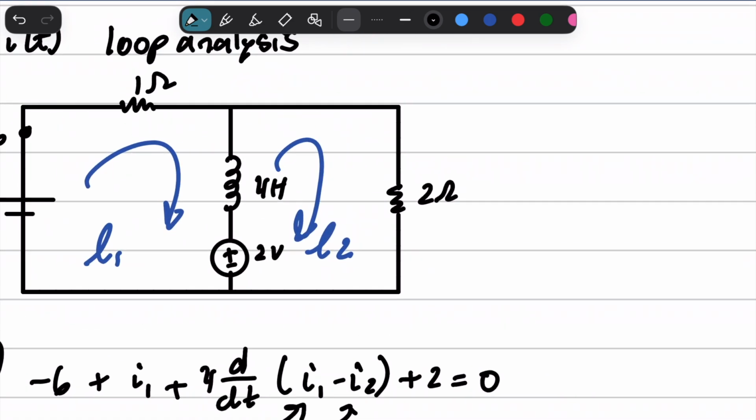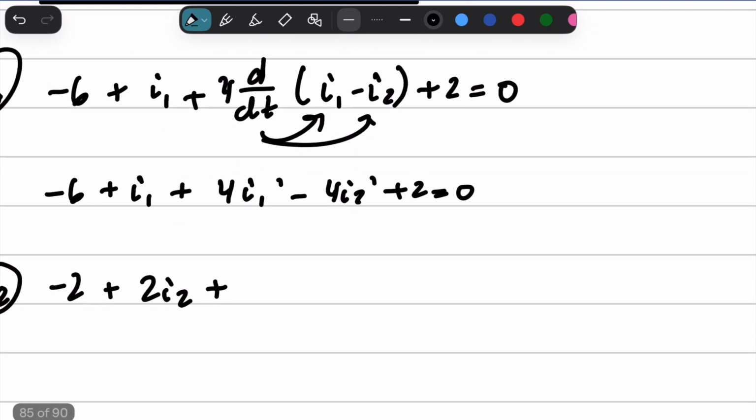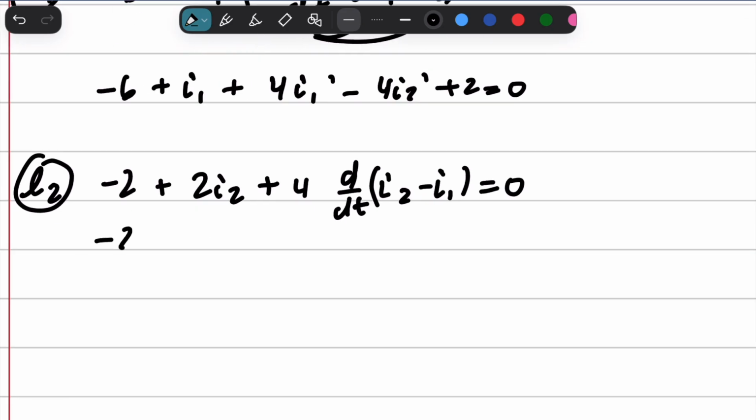So let's go ahead and write this right here. Minus 2 plus 2I2 plus 4 d/dt of I2 minus I1 is equal to 0. Minus 2 plus 2I2 plus 4I2 prime minus 4I1 prime.